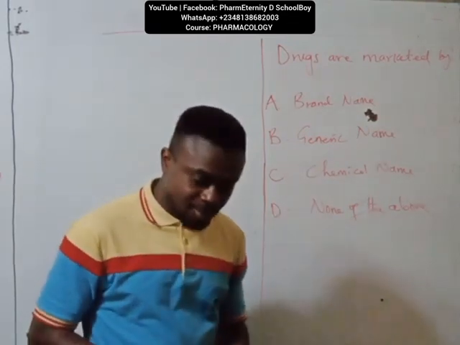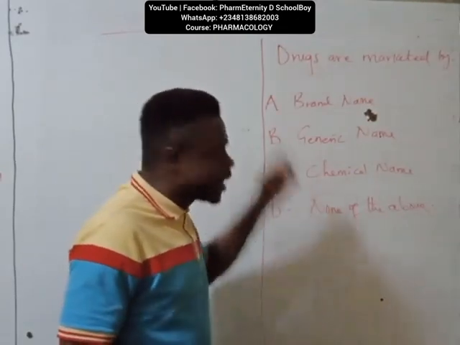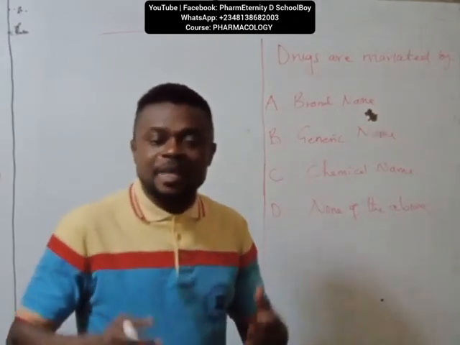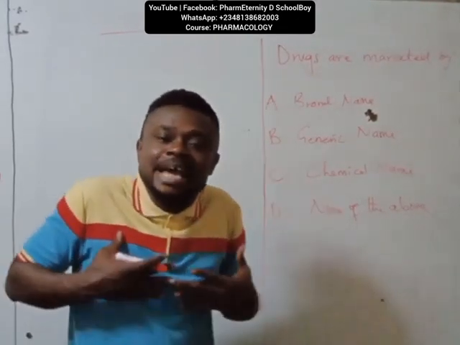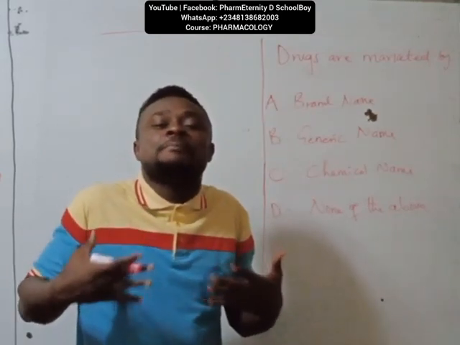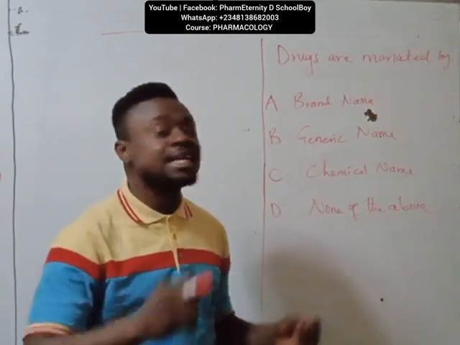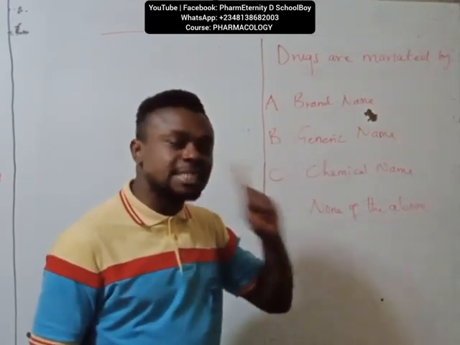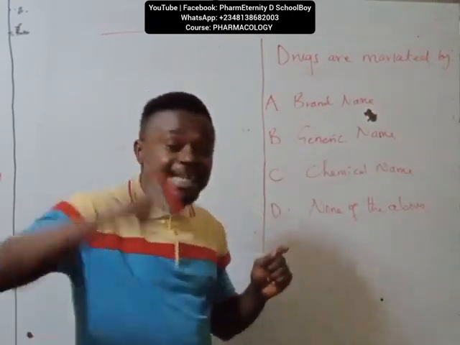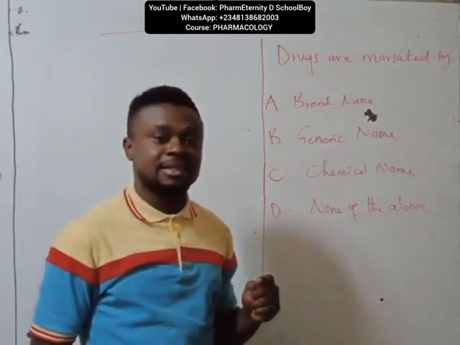Now, we have another one we call brand name. Brand name is the name given to a particular drug by the company. Actually, when they mention brand name, the first thing that comes to mind is the innovator brand.